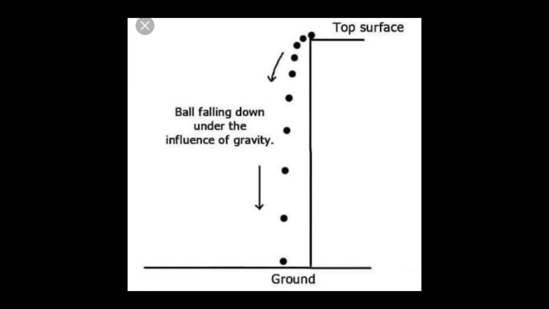That velocity is changing, right? So velocity is changing, it means that acceleration is produced, right? So this acceleration is produced due to gravity of the earth, and this acceleration is called acceleration due to gravity.